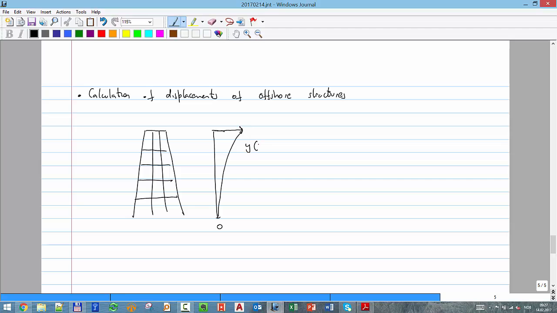Y is a function of time, so it will tend to move as if it were a bar anchored at the seabed. It will have a certain deflection due to the variation of properties along the structure. So that's how bottom supported structures move.